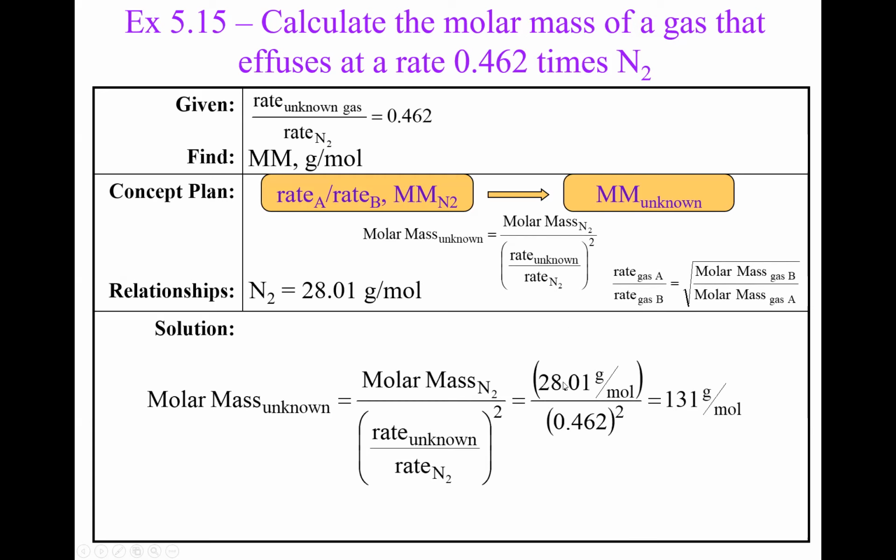And since it was lower, right, 0.46, that must mean that the gas is heavier. So what would have a mass of 131? You would go to the periodic table, and you could find whatever gas is on there, and our periodic table is color-coded with what things are gases.